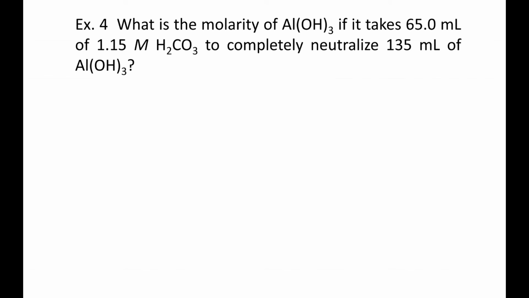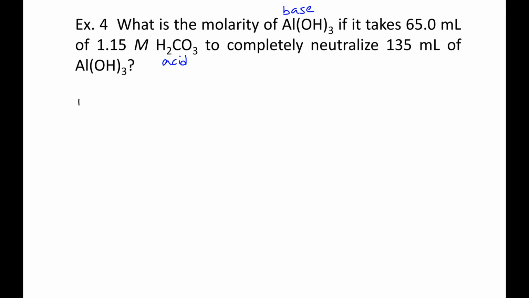Okay, what is the molarity of AlOH3, or aluminum hydroxide, if it takes 65 milliliters of 1.15 molar carbonic acid to completely neutralize 135 mils of AlOH3? Okay, let's figure out which is which. We have the base, because it's got the OH3 in it, and this is your acid.